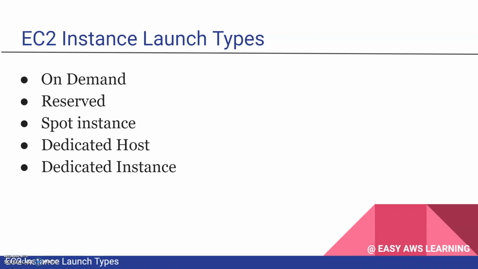Dedicated host and instance are for hardware purposes, where we have to buy the hardware dedicatedly, so it will be more costly. So for our use case, for learning purposes, I recommend the on-demand instance type. In all our next sessions we will use the on-demand instance type.